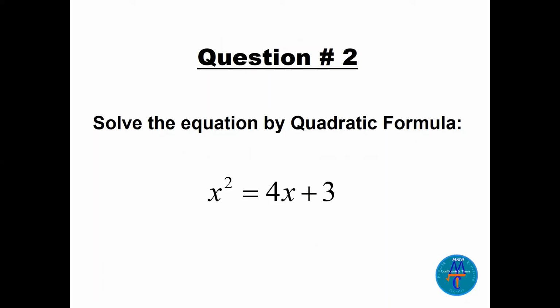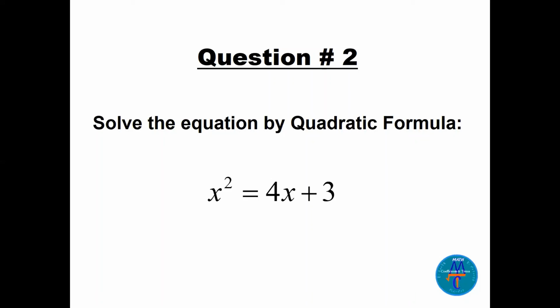Solve the equation by quadratic formula. x squared is equal to 4x plus 3. Now you have to remember the quadratic formula. Do you remember that? x equals minus b plus or minus square root of b squared minus 4ac, all divided by 2a.